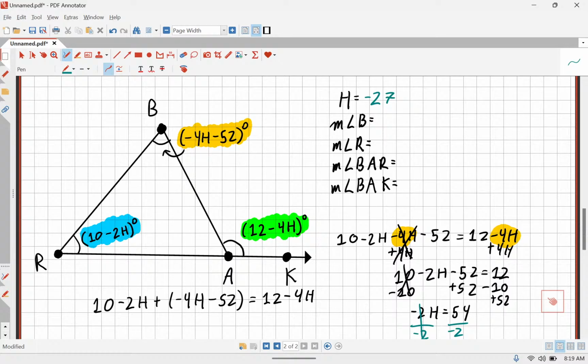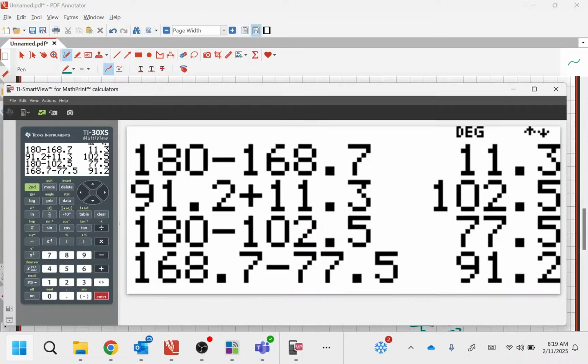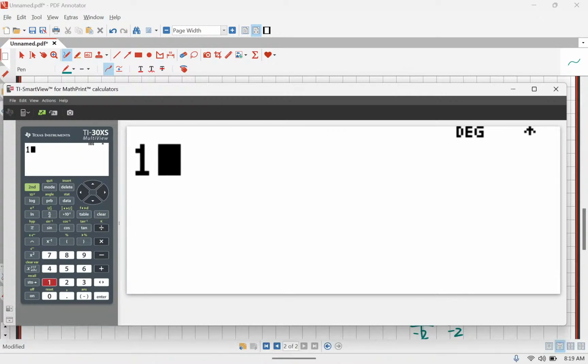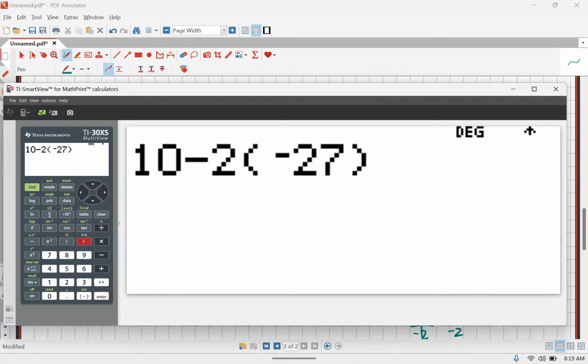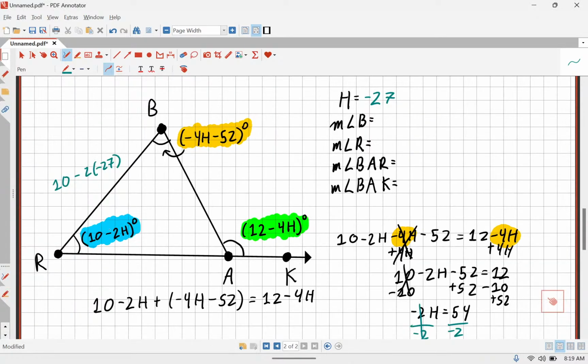Sure, doesn't matter. So that's going to be 10 minus 2 times negative 27. 64 degrees.